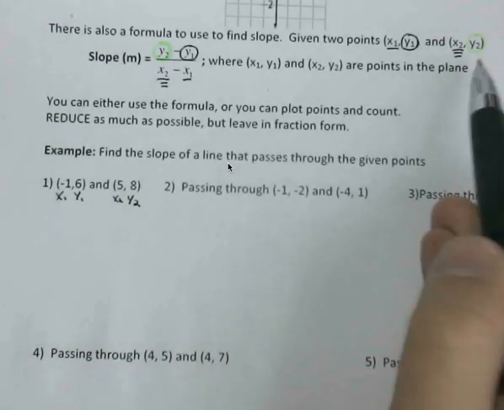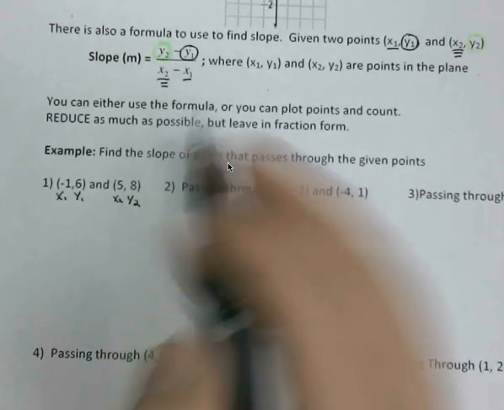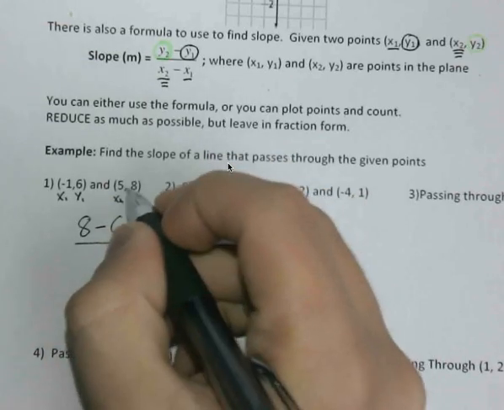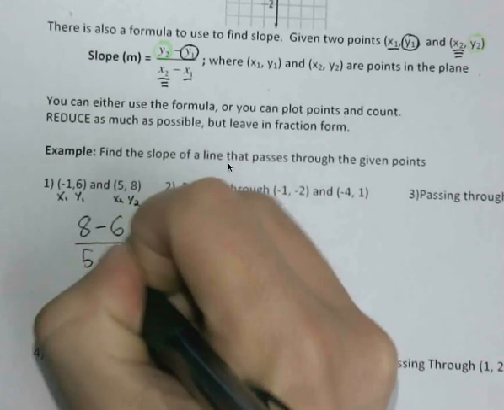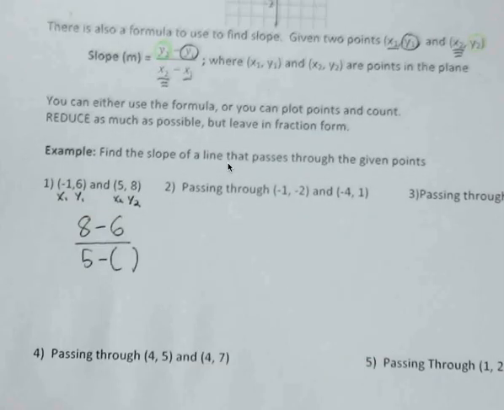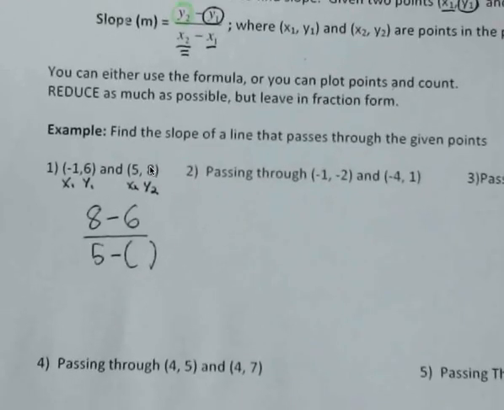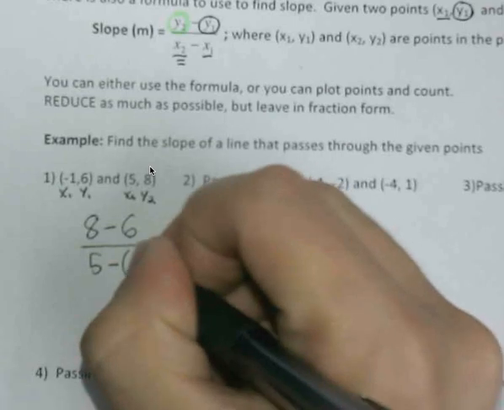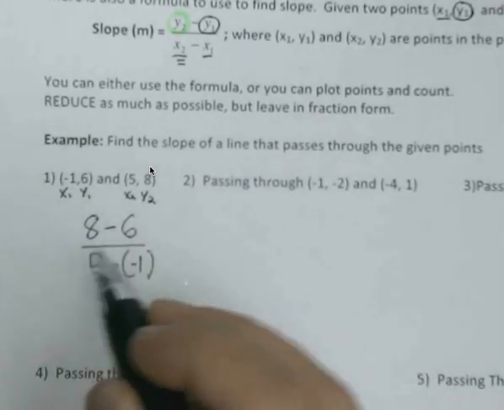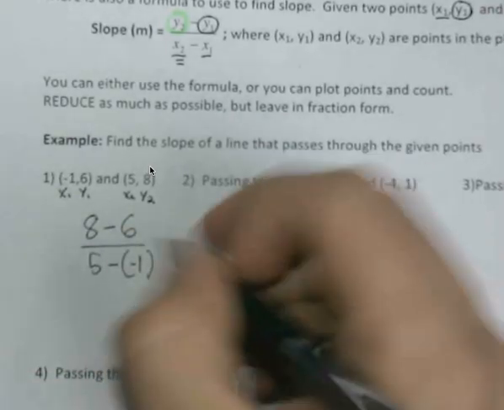So we're taking y2 minus y1, so 8 minus 6, dividing by 5, and we're subtracting what kind of 1 for x1? We're definitely subtracting -1. So notice with the arithmetic here, 8 minus 6, we can simplify that to 2.